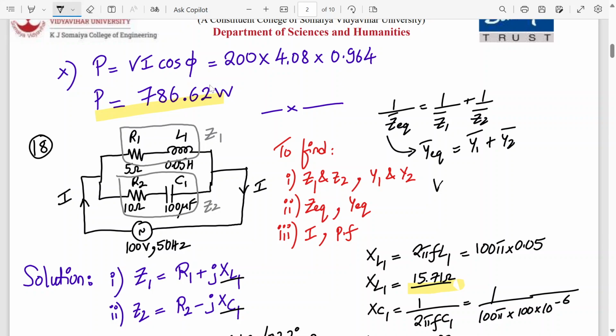V is 100, but V is I into Z equivalent, right? So what will be I? V upon Z equivalent. And 1 upon Z equivalent is Y equivalent, so V into Y equivalent. We can use any of these two formulas. Both are correct.